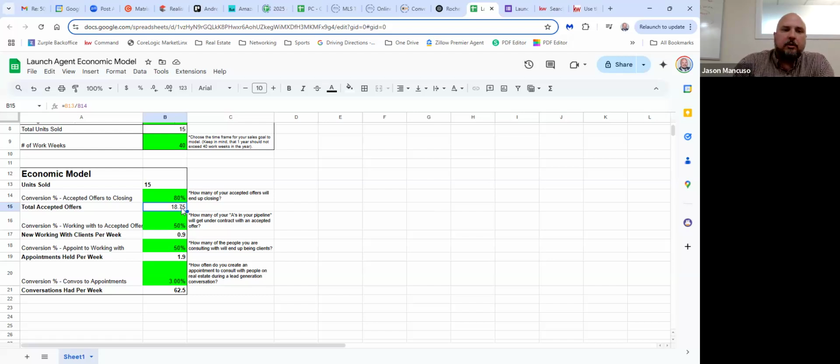That tells you that in order to close 15 units and to get 19 units under contract to do so, you need to pick up about just under one new buyer or seller or investor per week that you're adding to your pipeline as an A. 0.9, call it one.